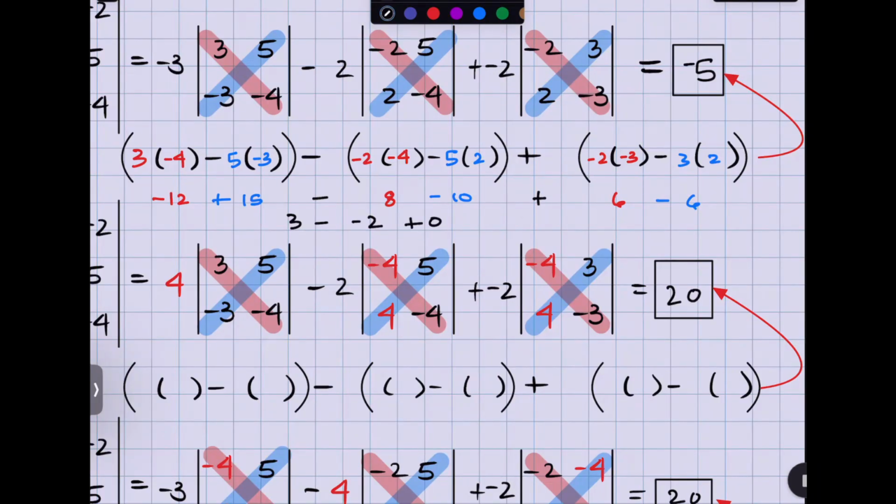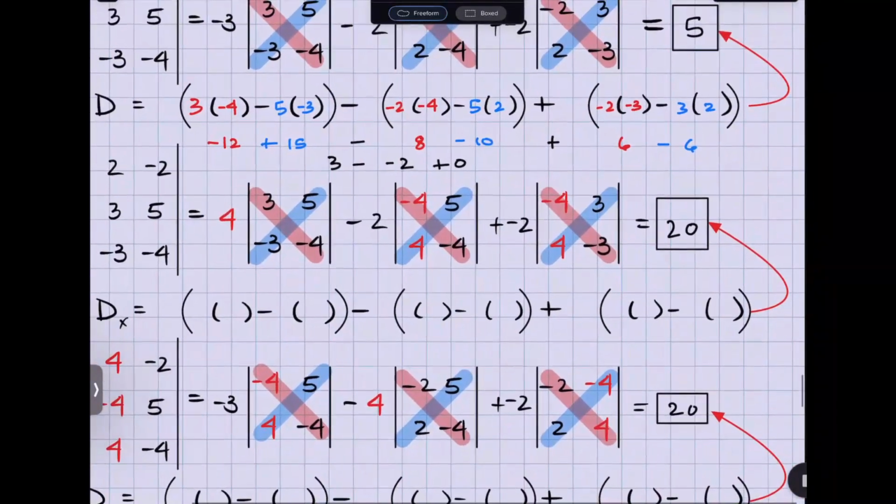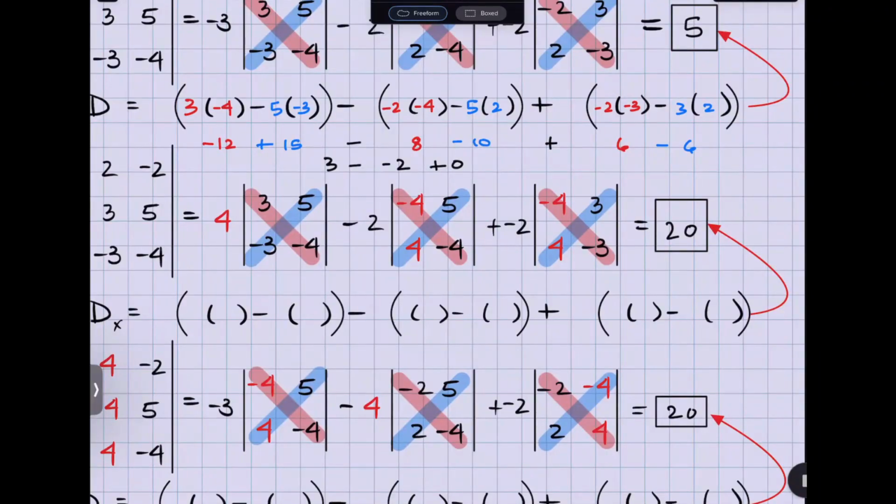So it should be positive 5. Is that right? Is that what you were wondering too? No, I messed up with something.